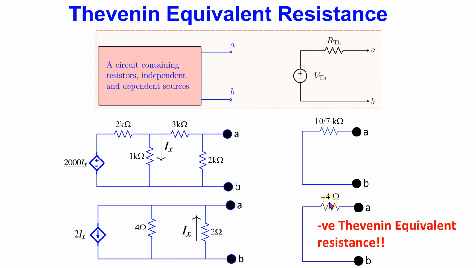While negative resistances do not exist in practice, in circuit theory there is no issue, and we use the negative resistance in circuit equations just like a positive resistance. The two examples shown here are solved in other videos in this channel. The links are provided in the video description below.